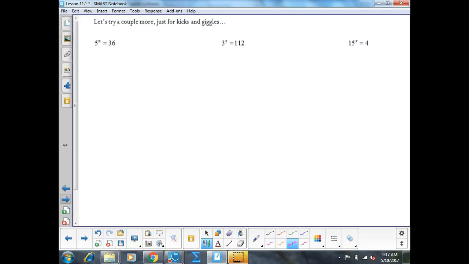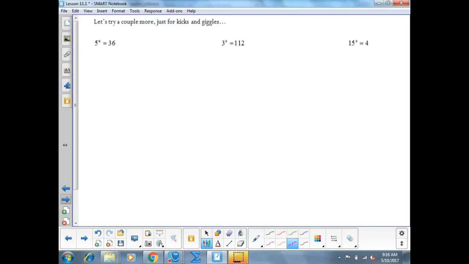We can now solve equations that look like this. I can give you an exponential equation, we can switch it over into logarithmic form, and we can find that variable.